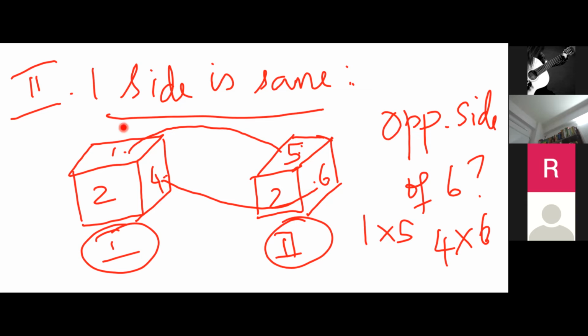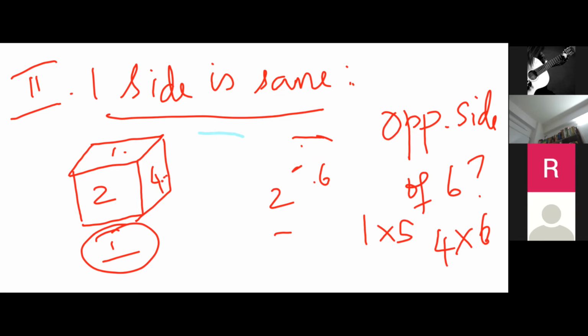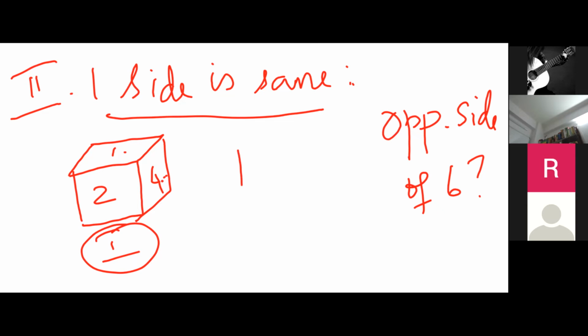Now what to do, ma'am, if the sides are not in the same position? Here 1 is in the top, 5 is also in the top, so I'm directly relating. What if the diagram is given like this, with 2 in the top and 5 and 6 over here?